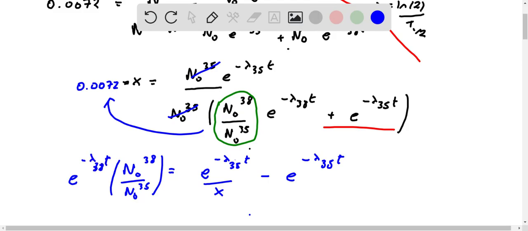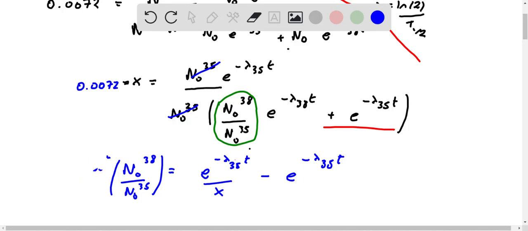Okay, so what did I do again? I divided the right hand side numerator by x and multiplied the left hand side by the denominator and brought the underlined term in red over to the right hand side. Okay, so this is what I have, and now I can multiply everything by e to the power of plus lambda 238 t.